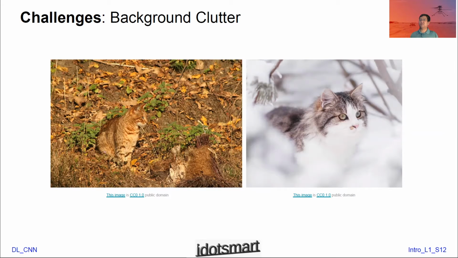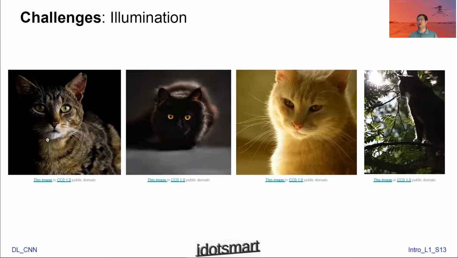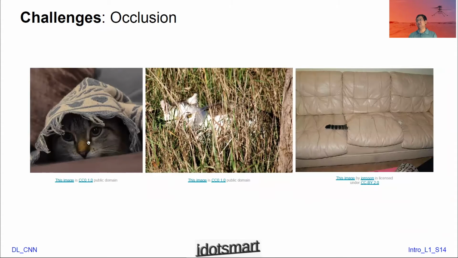We could have a very complicated background, or the object could be occluded by some other object, or appear with a different brightness. Here we talk about illumination variation: it could appear dark or bright, and the object could look closer or farther away.